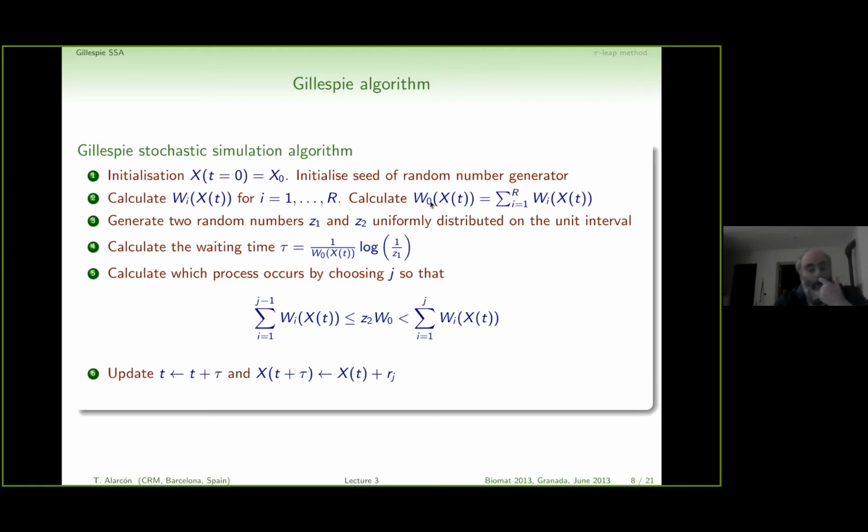And then you calculate this quantity W naught, which is simply the sum of all the rates in your system. The next step is that you generate 2 random numbers from your favorite random number generator. These will be uniformly distributed in the unit interval. And then you calculate the waiting time in this way. So this is the way of sampling an exponential distribution.